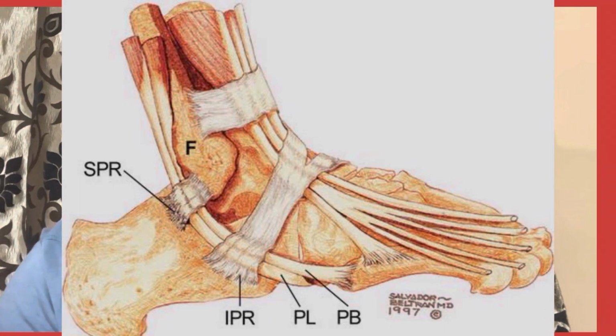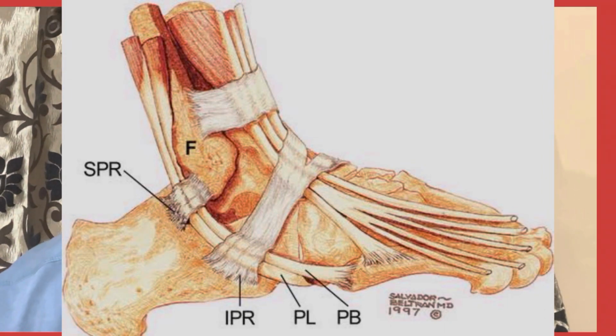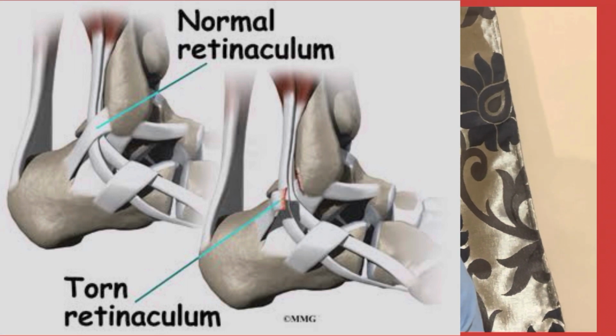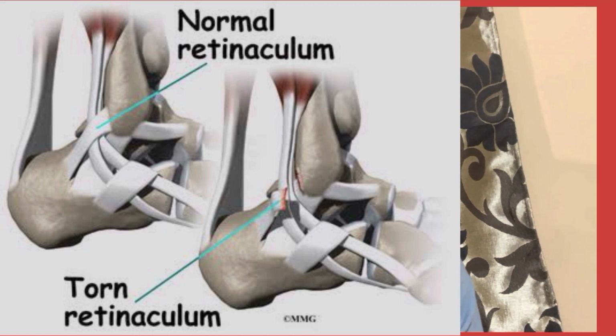If you look at the anatomy of the lateral malleolus, there is a groove located behind it. This groove is basically the home for the peroneus longus and brevis, and it prevents subluxation. On top of that, there is one more thing: the superior peroneal retinaculum, SPR. Whenever this retinaculum gets ruptured, subluxation of the peroneus longus and brevis occurs.